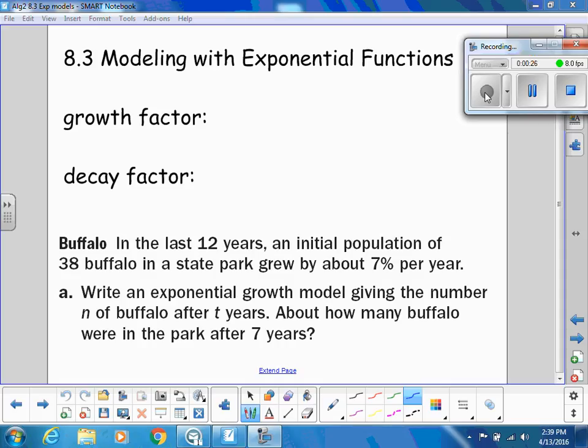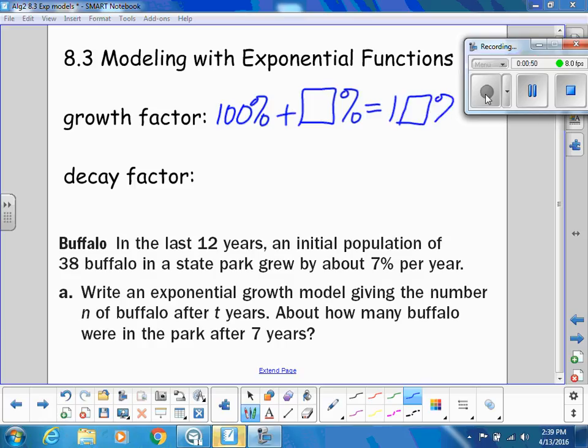So growth factor, remember that's the stuff that I was talking about. If I start with the original amount, that's 100% of the original amount. So if I'm starting with 100% and I want to add an additional percent to that, however much I'm adding, that's going to be over 100%. So 100 and something percent.